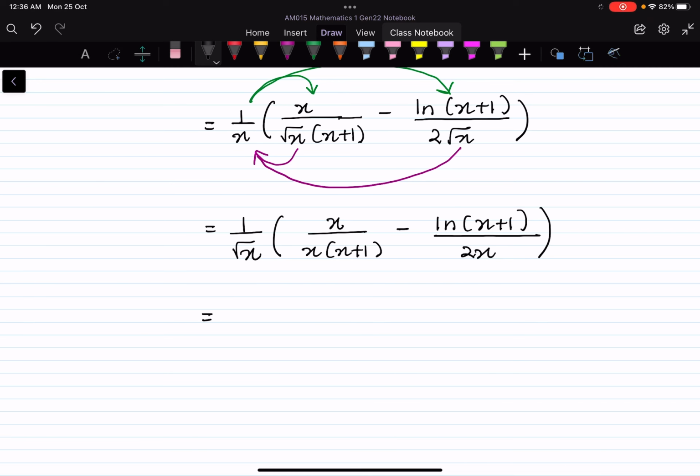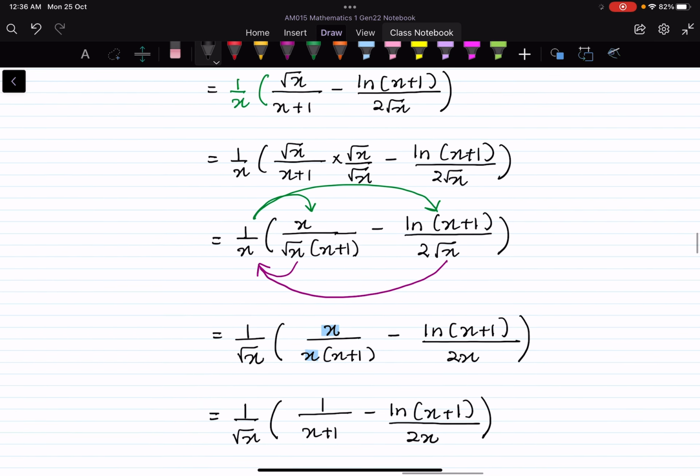So I can simplify this x and this x, which become 1, over √x times 1 over (x+1) minus ln(x+1) divided by 2x.